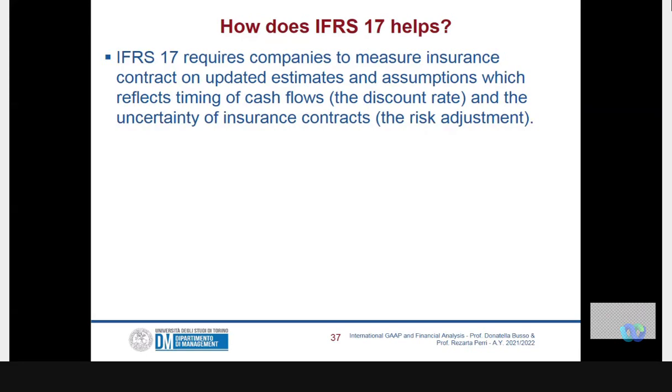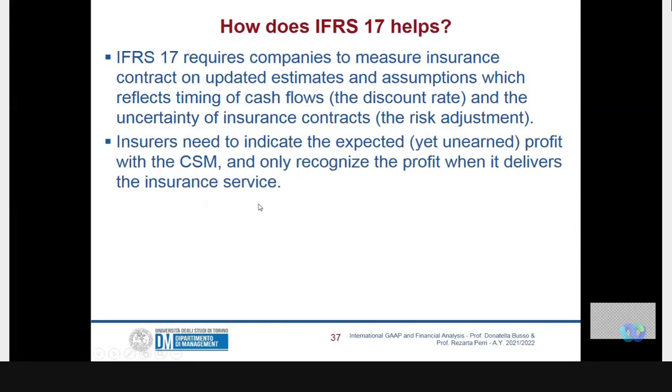So actually, this is an evolution, an improvement of the regulation of insurance contracts. Also, insurers need to indicate the expected and earned profit. They do not recognize profit on day one, but they recognize the contract service margin, which is the expected profit over the life of the contract. And this is why they calculate this amount.